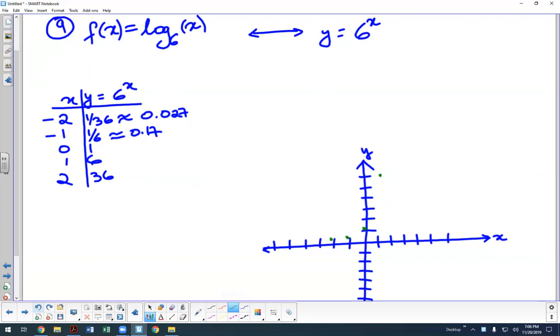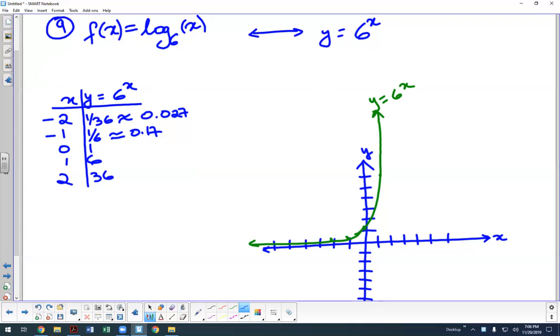Now, do you know what we need to do to graph our reflection? Where would we start? Because it's the inverse, don't the values just switch?